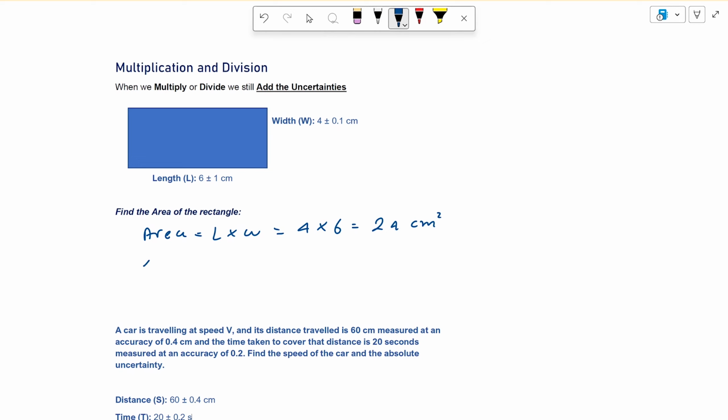And now to find the absolute uncertainty, we simply write delta A 0.1 plus 1, which gives us 1.1 centimeters square. Therefore, our answer would be 24 plus minus 1.1 centimeter square.